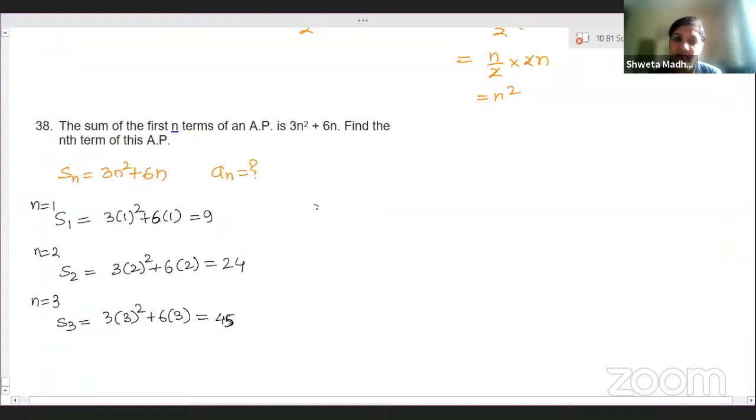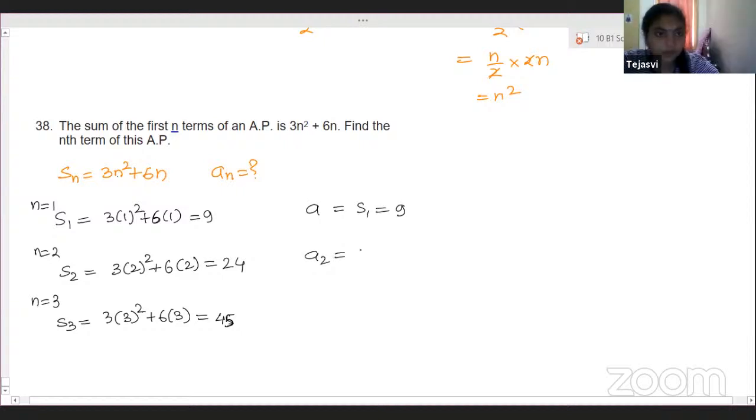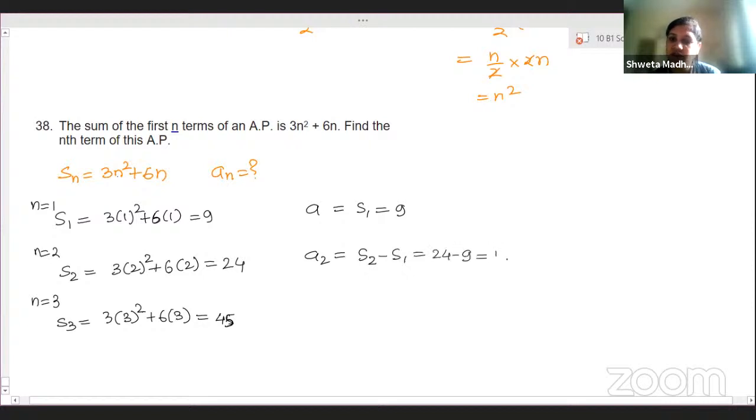Now what is A1? A1, that is a, is equal to S1, that is 9. A2 is equal to S2 minus S1, that is 24 minus 9, which is 15.